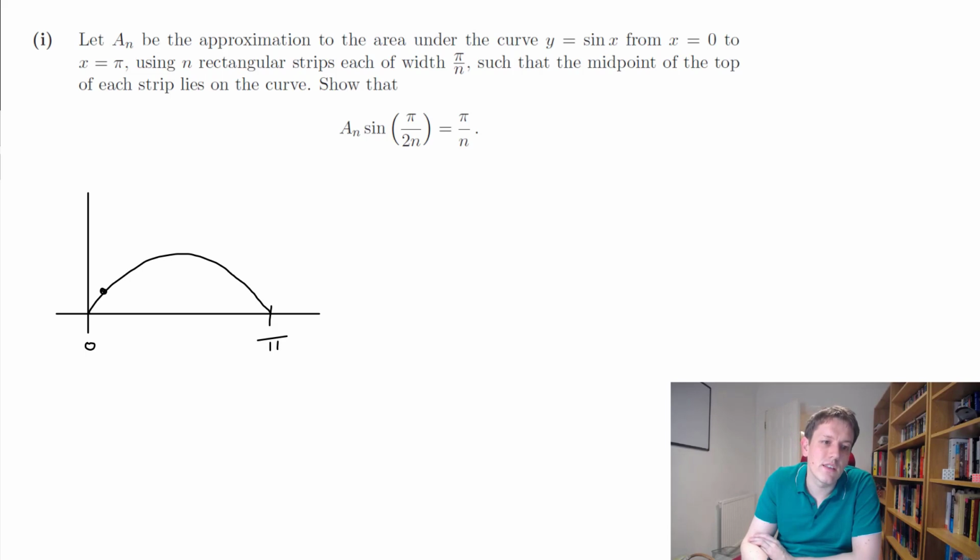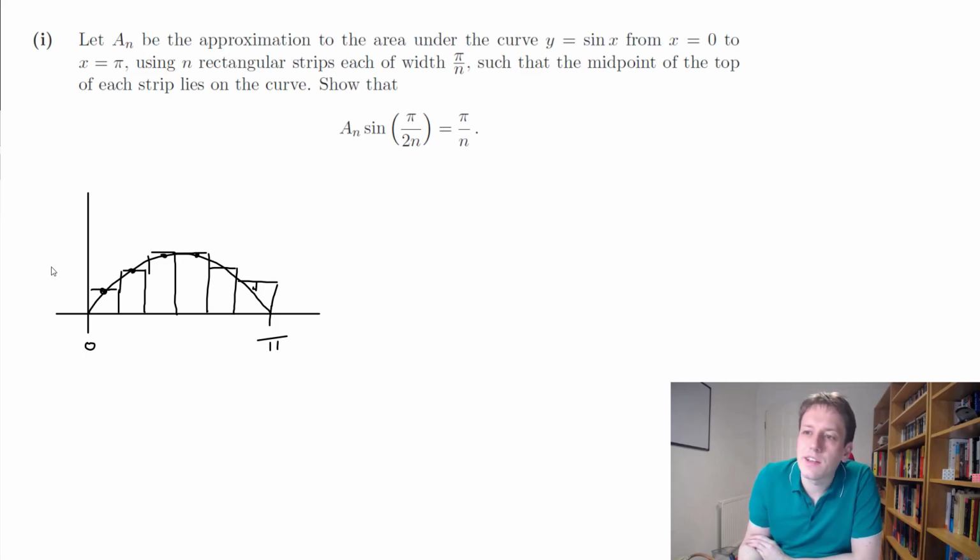The idea is that I'm going to have these rectangles where the midpoint of the top is exactly on the curve, and I'm going to have n of these in total. I'm just doing this approximately. My last rectangle hasn't quite worked, but you get the idea.